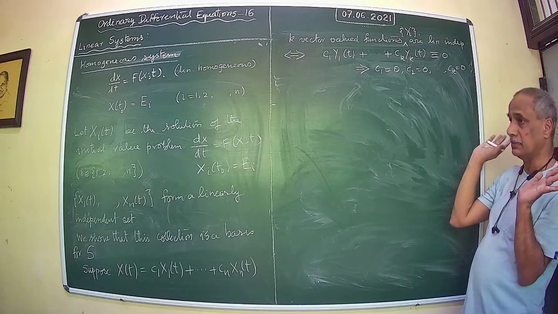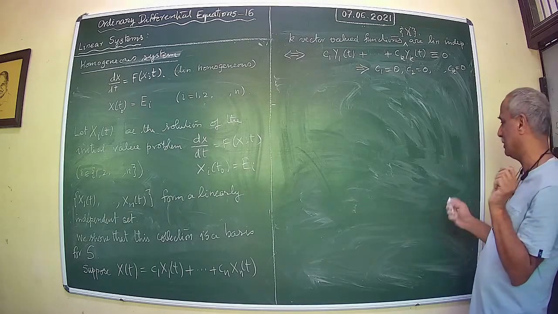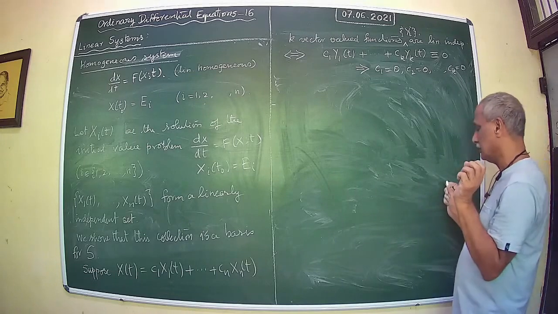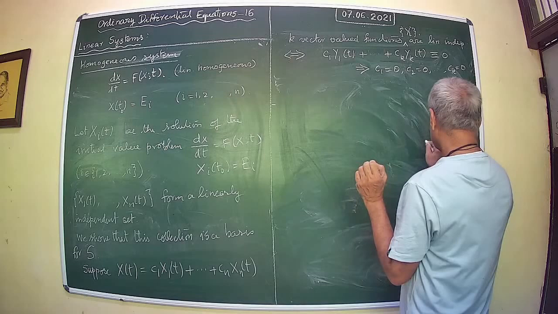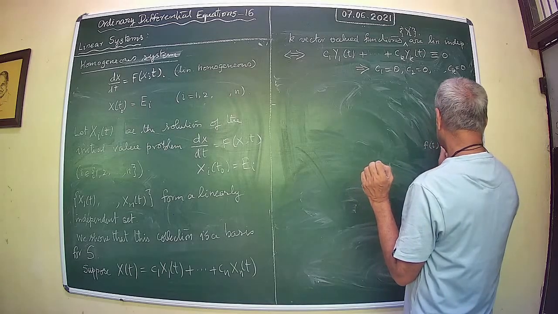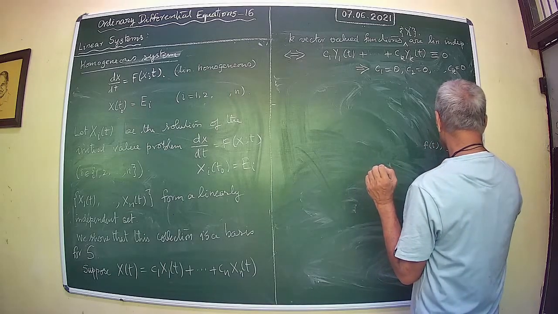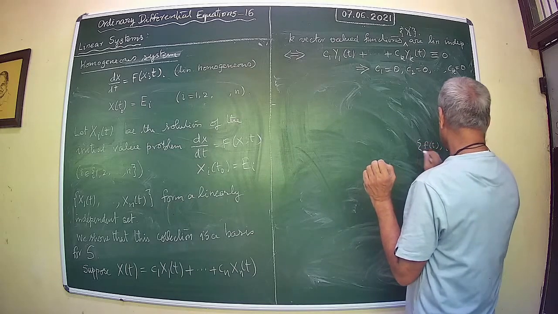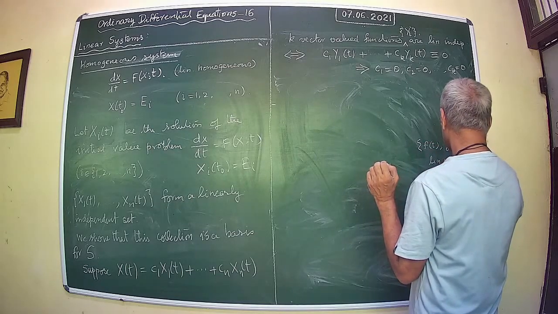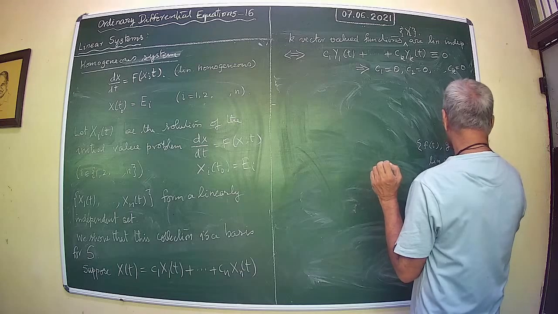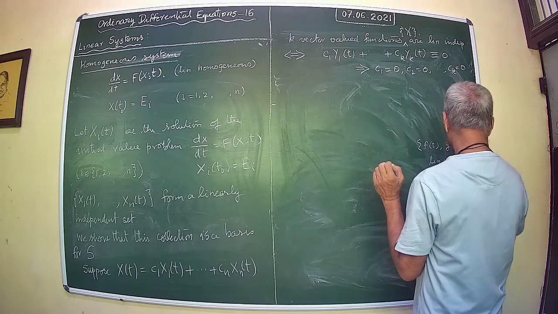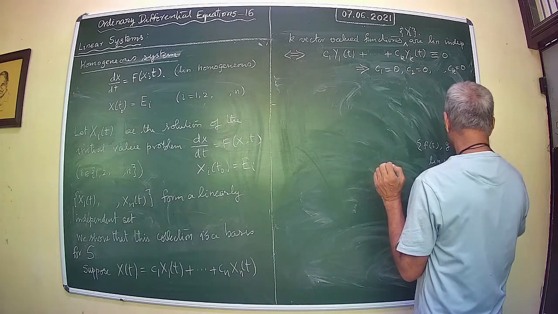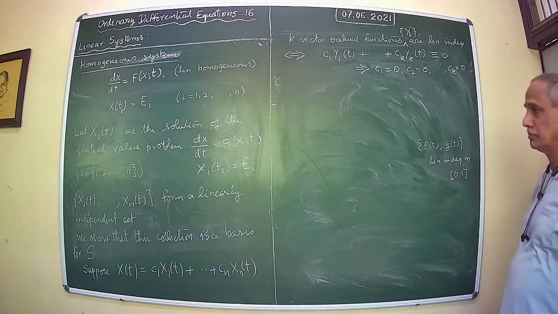It's like you take the simple case on an interval: when do you say f(t) and g(t) are linearly independent on 0 to 1?